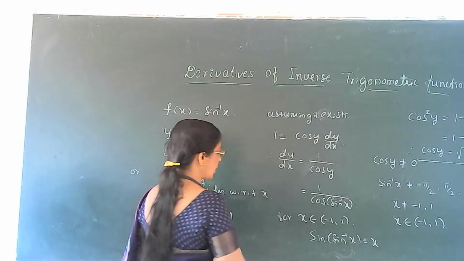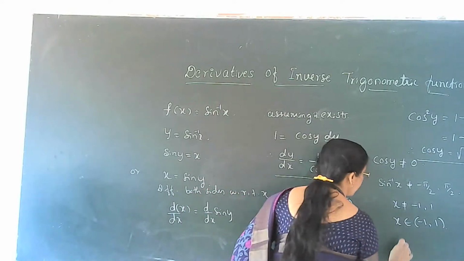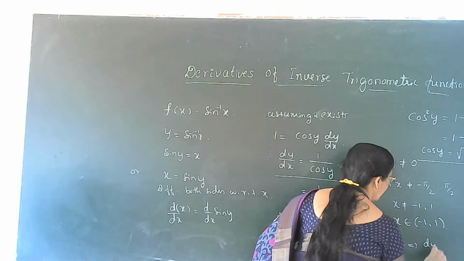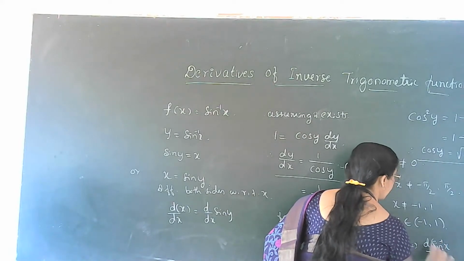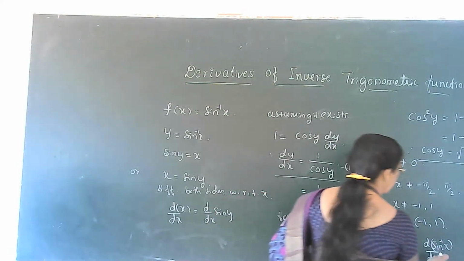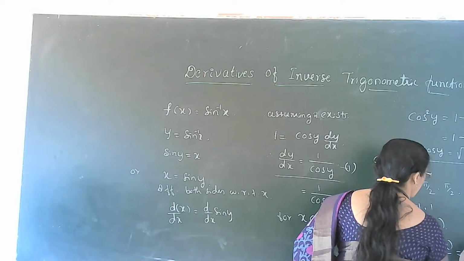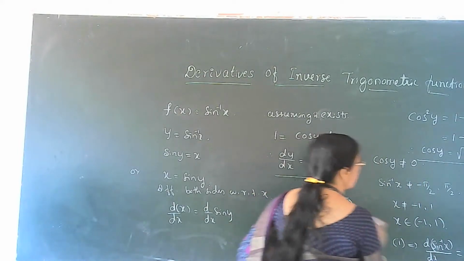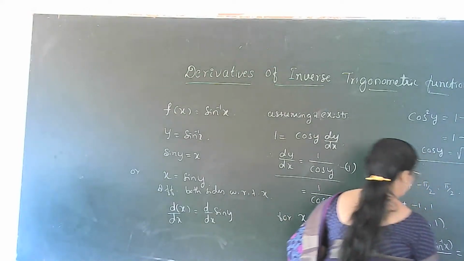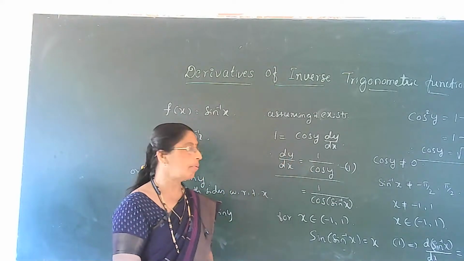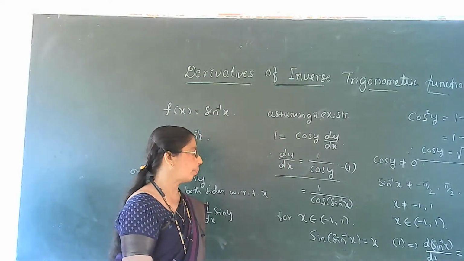Therefore, d by dx of sin inverse x is equal to 1 by cos y, where cos y is root of 1 minus x square. Therefore, derivative of sin inverse x is equal to 1 by square root of 1 minus x square.